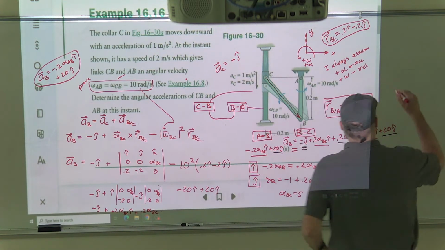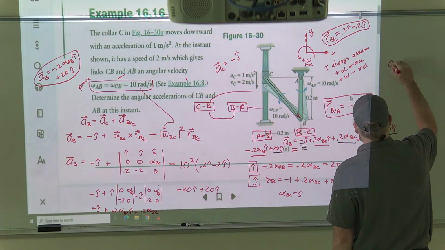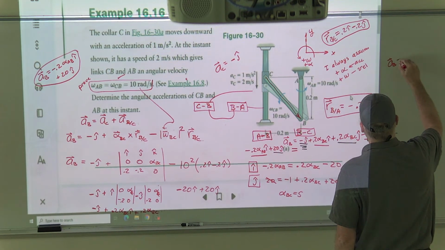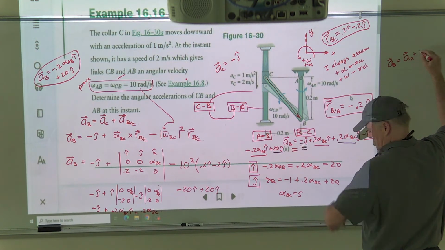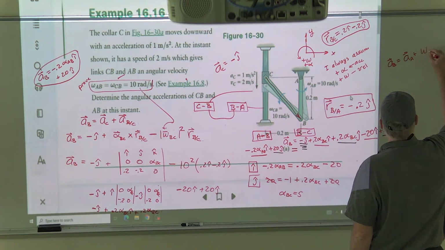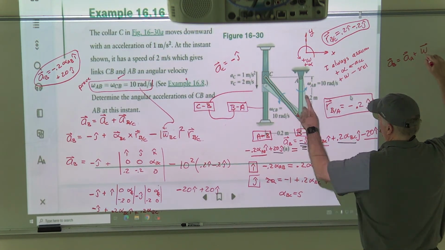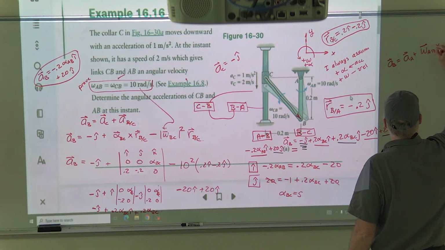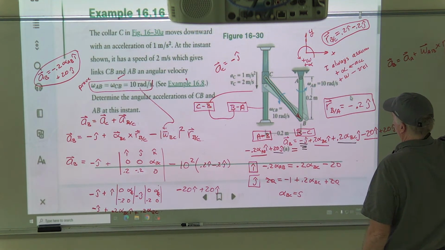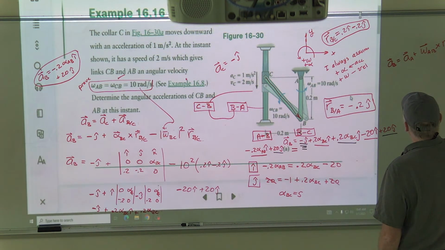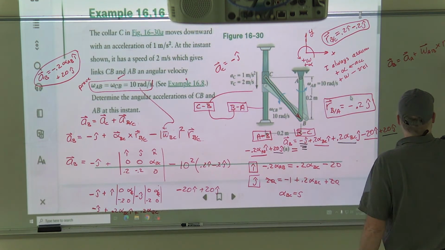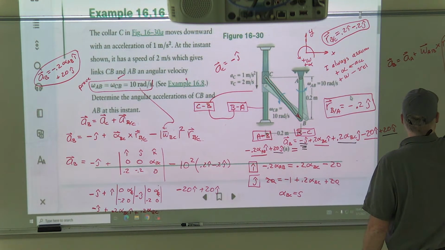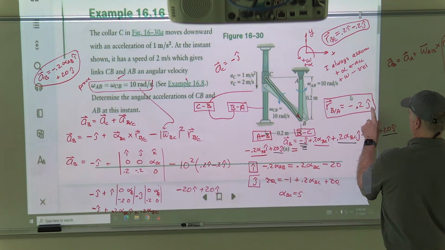So acceleration of B equals acceleration of A, which doesn't exist, plus omega AB cross R. You know what? I may have done this. It's got to be B relative to A. So I start at A, draw down. I have a vector this way. This vector becomes minus 0.2j.